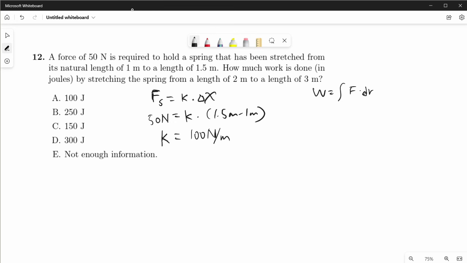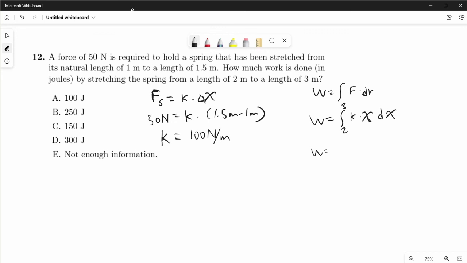So in this case, the work is from 2 to 3, and force is spring constant times x, dx. x in this case is the same thing as we have dx in the back.